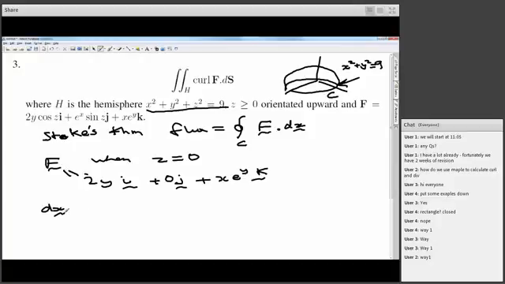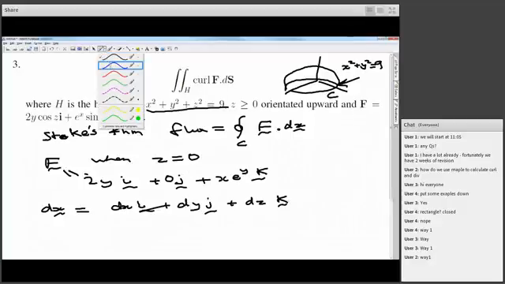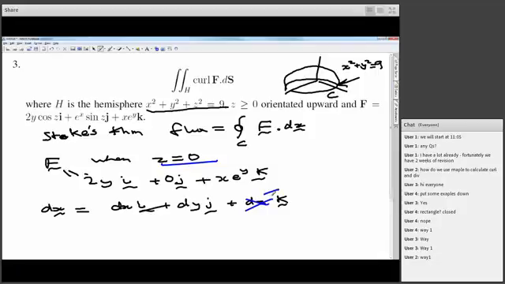Secondly, this differential bit, which is dx i plus dy j plus dz k, that's what the differentials are. If we know that z equals 0, then dz is going to be 0. Because if z's always 0, then it's not going to change at all.